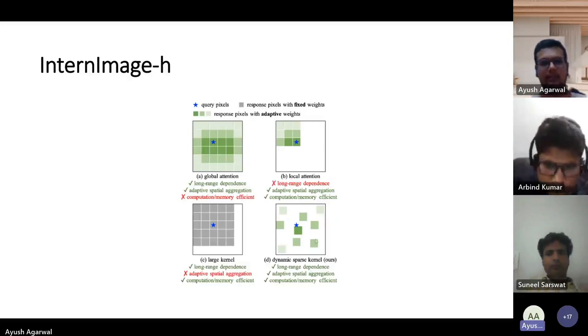It has long range dependence, as in it can calculate attention with far off pixels. It does have adaptive spatial aggregation because it calculates for small patches. It is also computationally and memory-wise efficient because it does not calculate for all of the patches in the image.